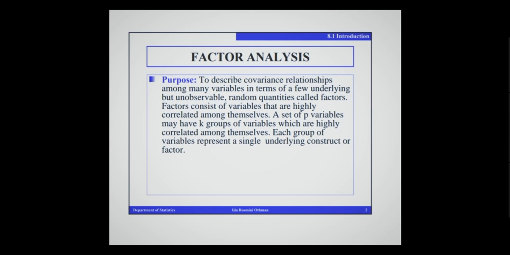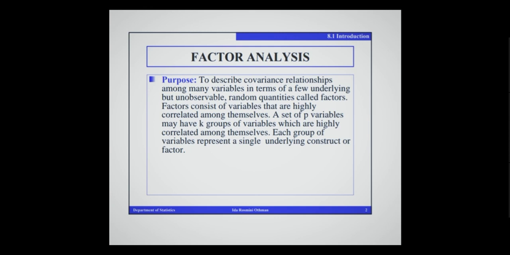We have several ataupun we have many of the x variables, and then we group kan, we reduce kan, sebelum dalam PCA we reduce the variables into factors. So macam mana nak dapatkan factors ni? Kita groupkan beberapa variable sebagai first factor, beberapa variable sebagai second factor. How we group that?